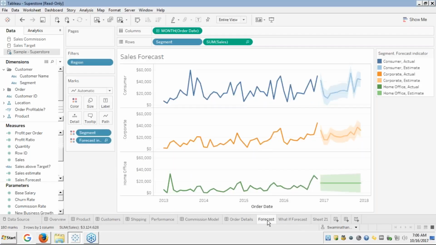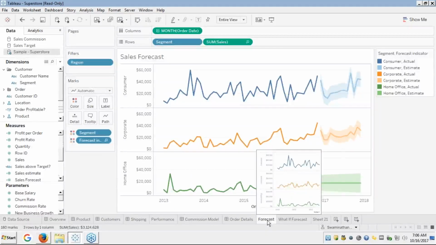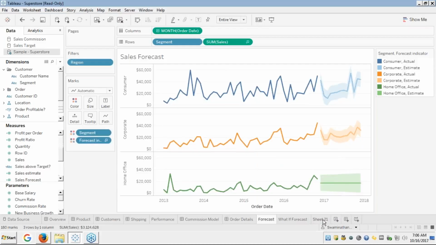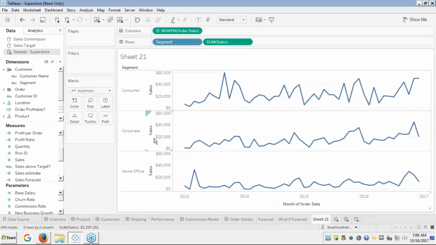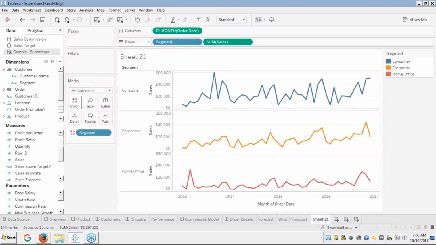In order to replicate the same graph, we'll add a color by segment. I'm taking the segment value and pressing my control key, dragging my segment and dropping it in colors.